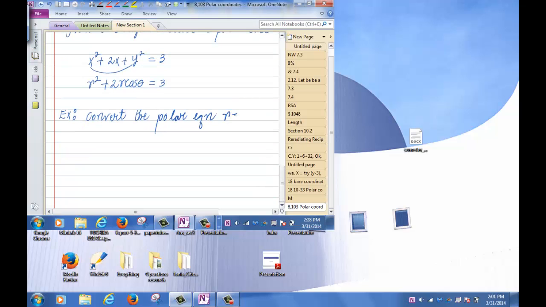So convert the polar equation to a rectangular equation.